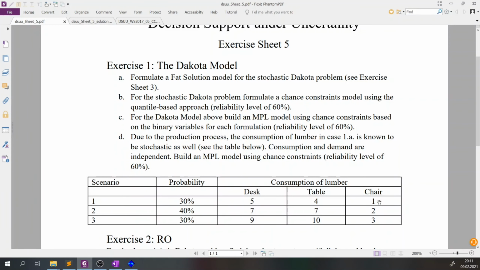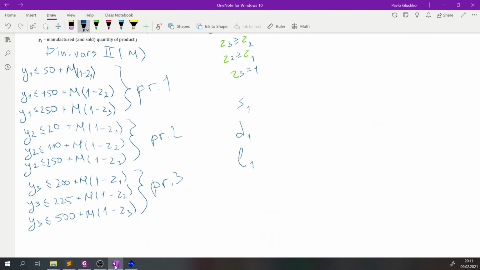Then we have the next scenario, scenario 2, where we have the demand from scenario 1, but now the consumption of lumber from lumber scenario 2. Then we have scenario 3, again demand 1 and lumber consumption 3. Then scenario 4, it's demand 2, lumber consumption 1.